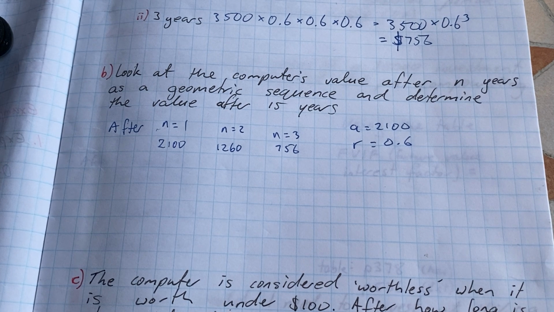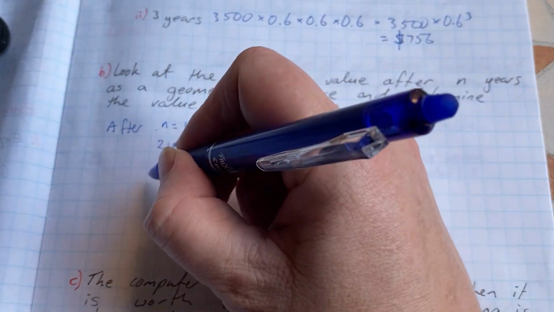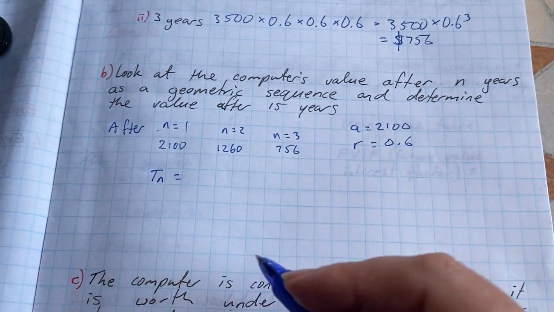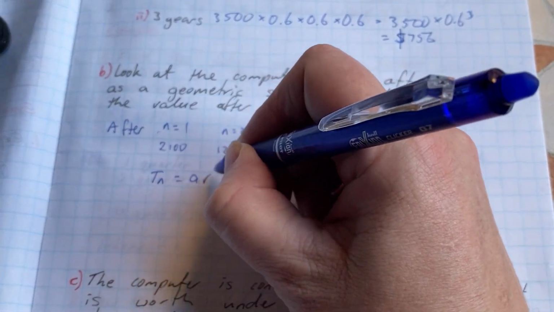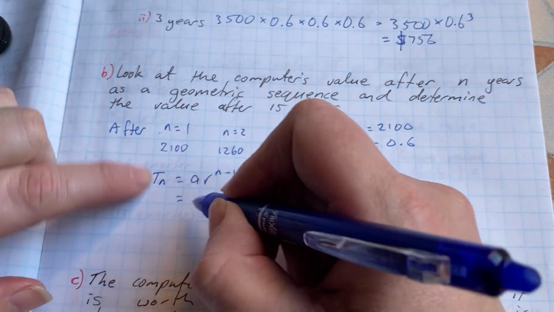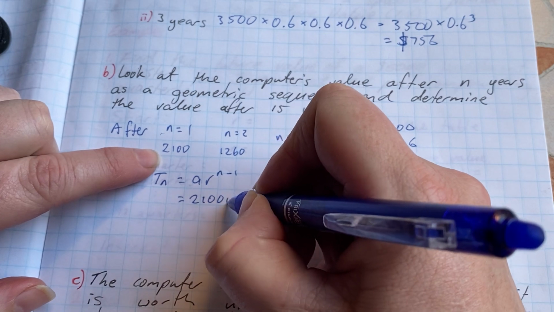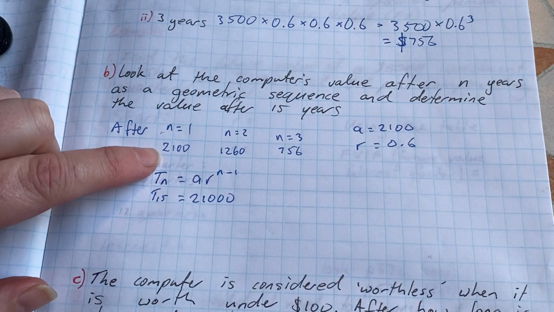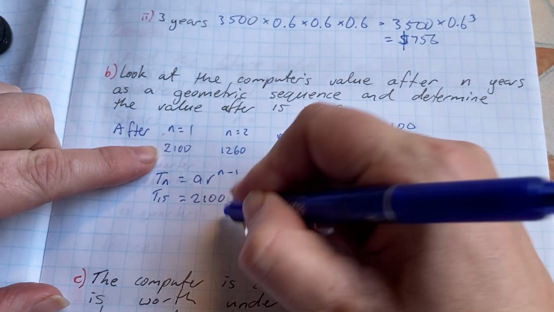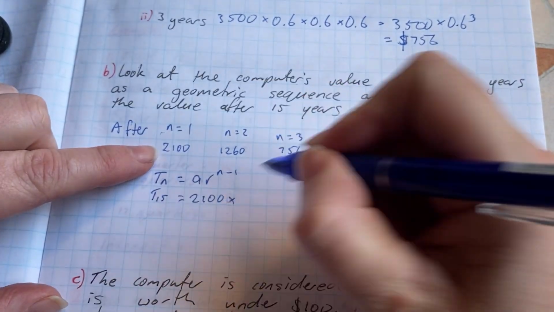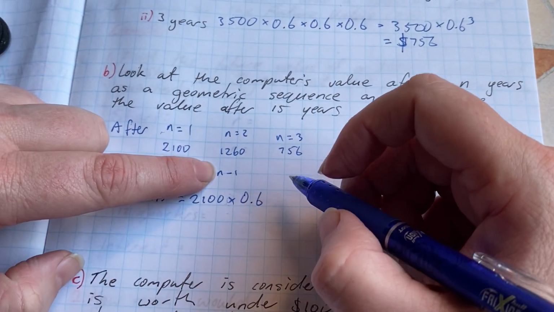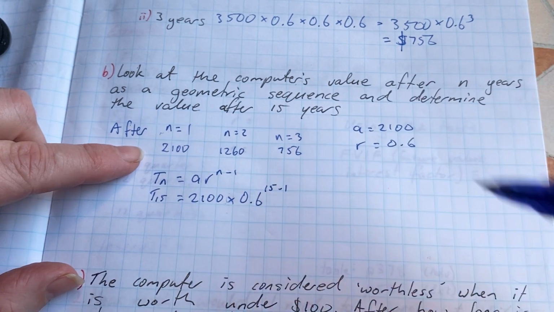Okay, it asks us after 15 years. So if we're doing it like a geometric sequence, we use our Tn formula. So our Tn is A R to the n minus 1. In this case, our A is the 2,100. We're looking for T15 after 15 years. So 2,100 multiplied by our R, 0.6, to the power of 15 minus 1, or 14.